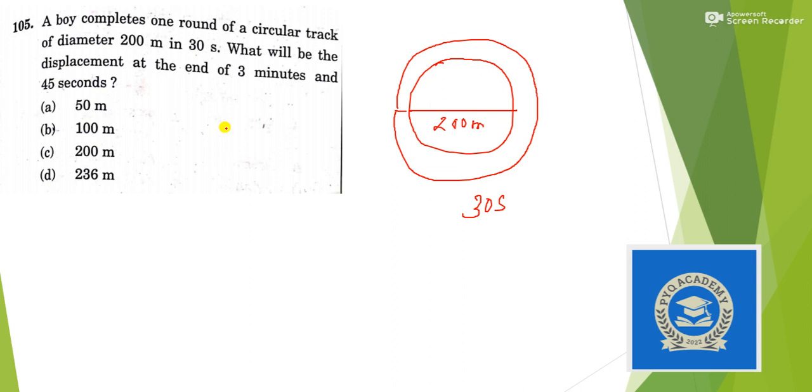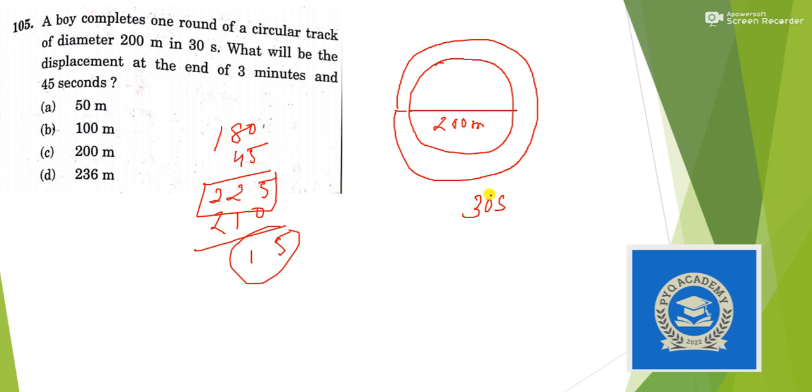Let's convert into seconds. It will be 180 plus 45, so it will be 225 seconds. Now let's divide 225 seconds by 30, so you will get 7 times. After running 7 rounds he will be here.